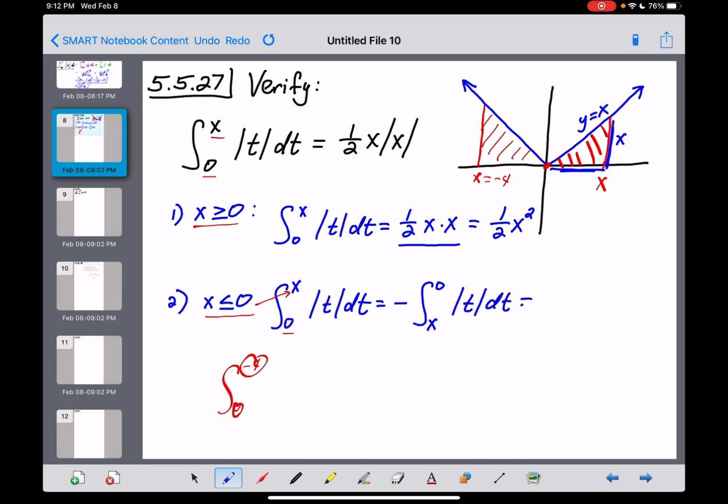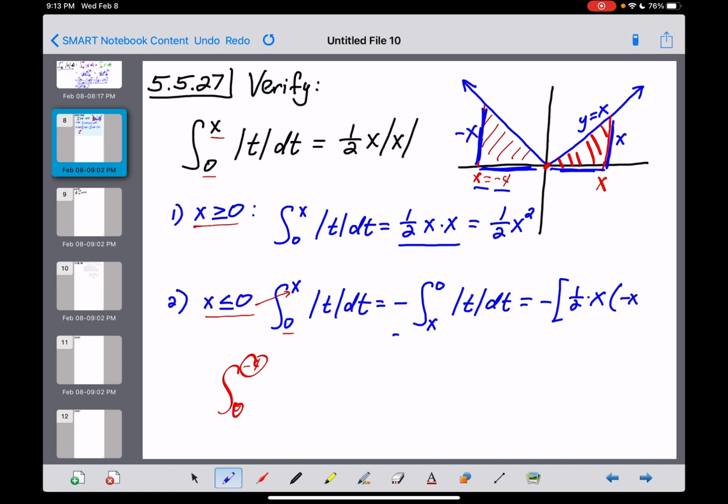And what would happen now? We're talking about the area of this triangular region, but there's this negative out in front. So it would be the opposite of 1/2 times a base right here of whatever your x value is. And your height would end up being, that's a little weird now, the opposite of x, because x is actually a negative number, so the height would be -x right there.